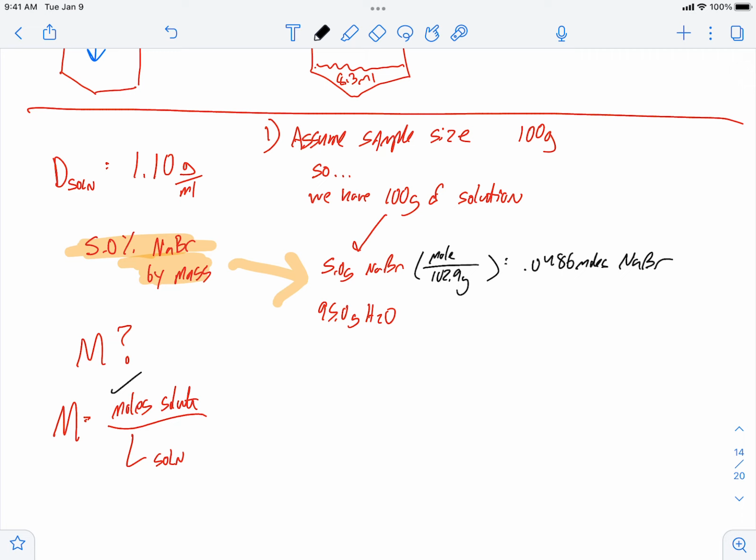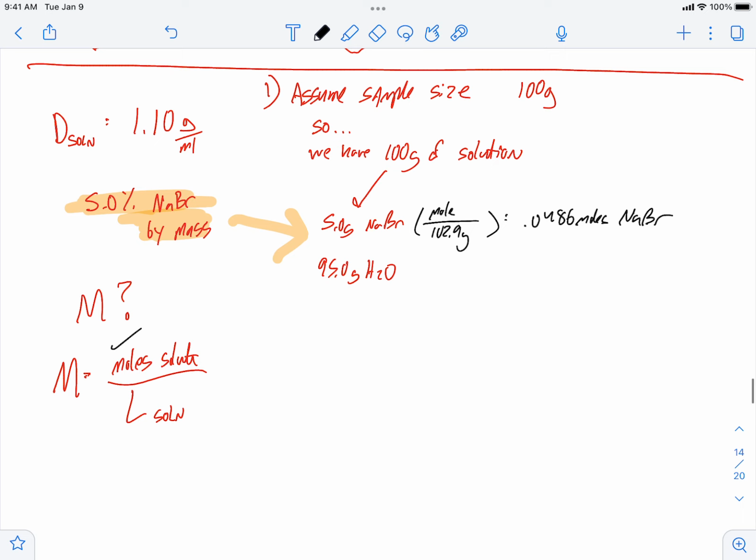We need to find the volume of the solution. What's that number I gave you in the top left? I gave you the density. The units on density are grams per milliliter.